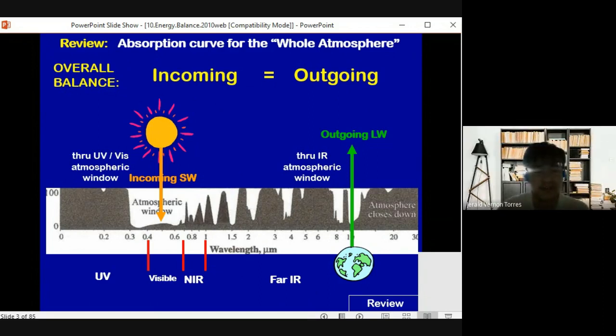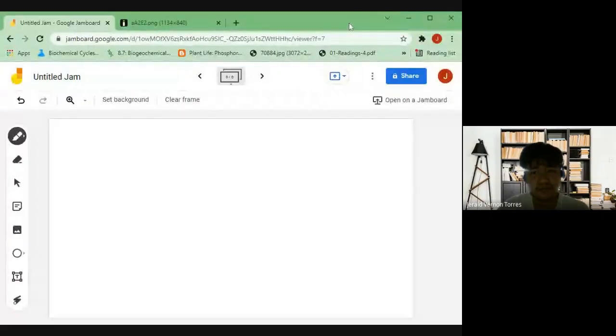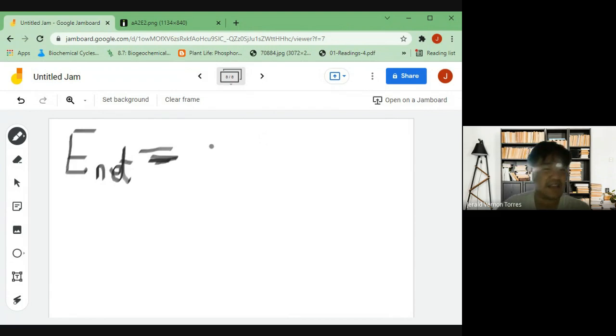So technically, wait lang, let me change muna the screen. Okay. To get the net energy, para makuha natin yung net energy na planet Earth, ang kailangan natin gawin is we should what? We should subtract the amount of incoming energy, or the influx na lang siguro, mas better yung influx.